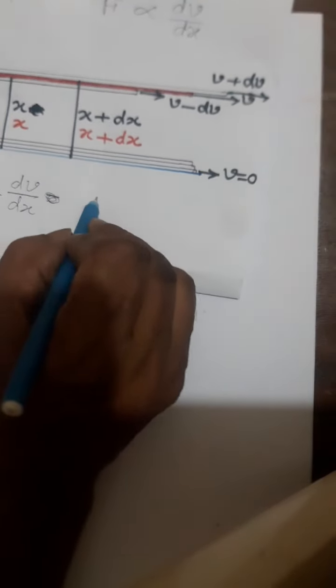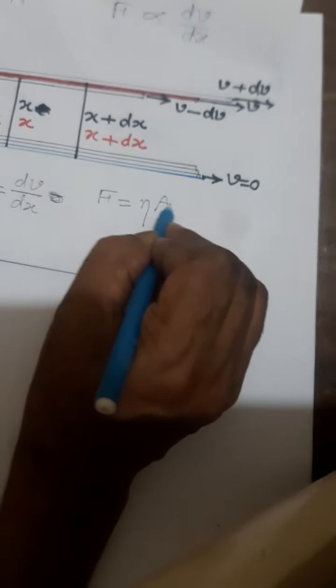Therefore, we may write F is equal to eta A dv by dx.